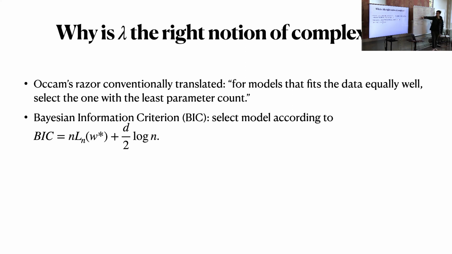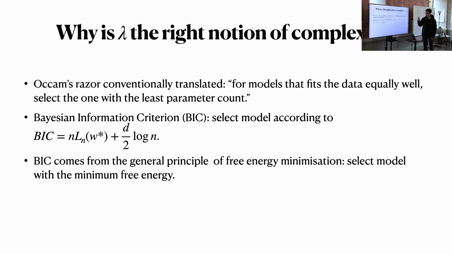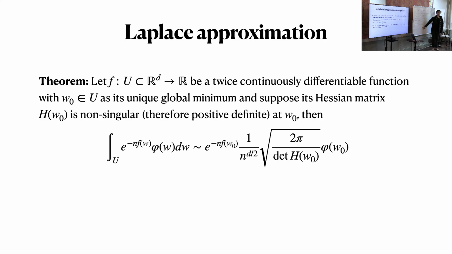That's W star, and that's your fit. For models with equal fit, you compare the next order term, where D is the dimension of the model: how many parameters you need to specify your model. That's the BIC. BIC comes from the more general principle of free energy minimization, which says to select the model with minimum free energy.